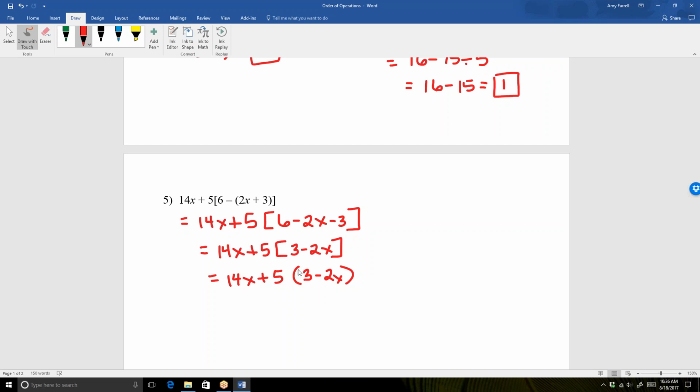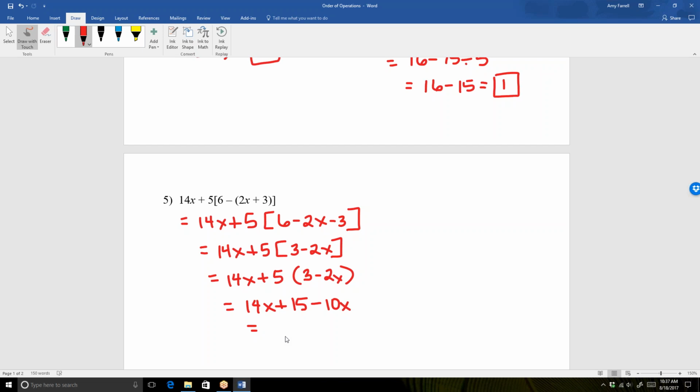We have 5, and then we want to multiply the 5 times the quantity 3 minus 2x. To do this, we are going to distribute. 5 times 3 is 15, and also 5 times 2x is 10x. Except I'm going to do minus 10x since we've got subtraction inside the parentheses.